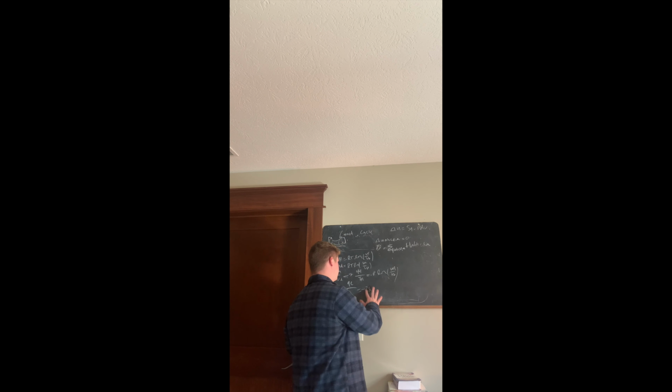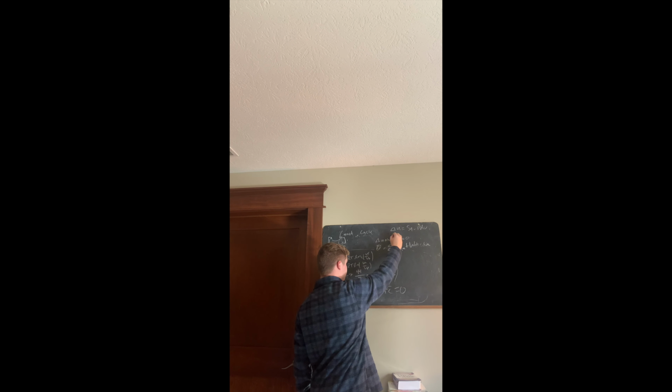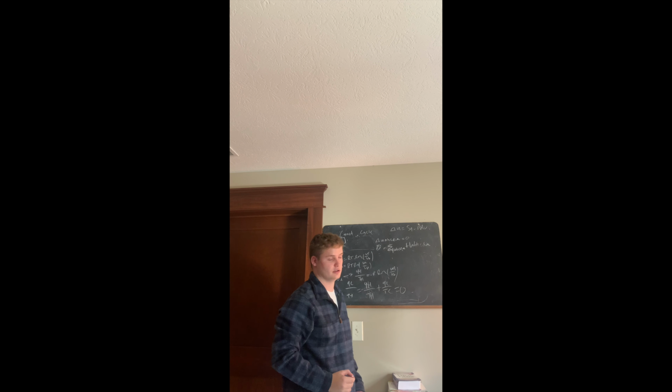It's like the direction it's going, I guess. So then we have QH divided by TH plus QC over TC equal to 0 because the change in internal energy is 0.